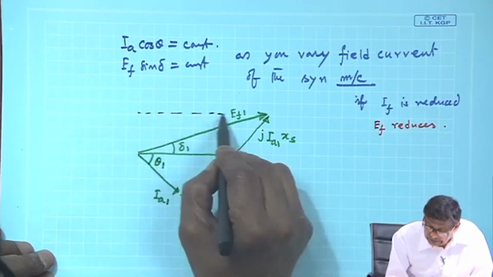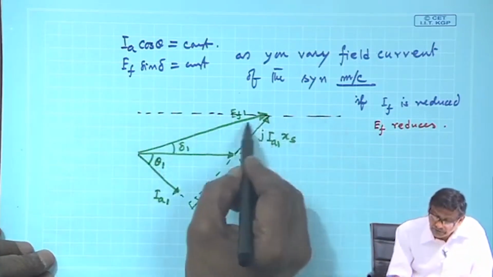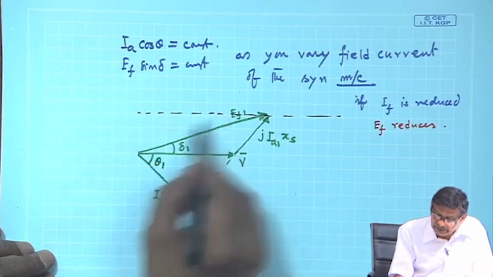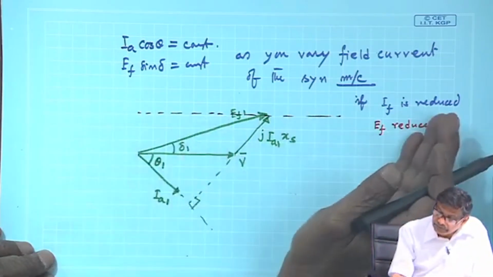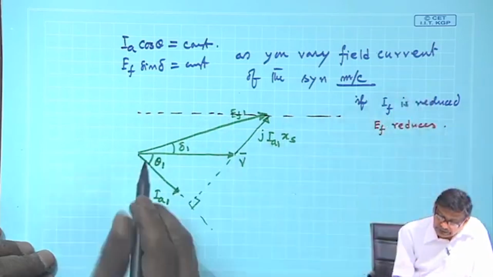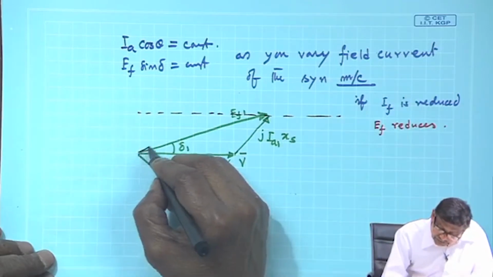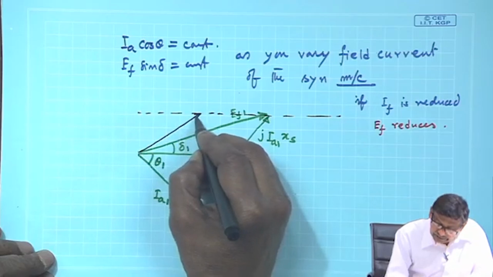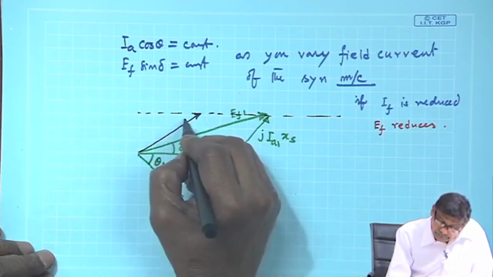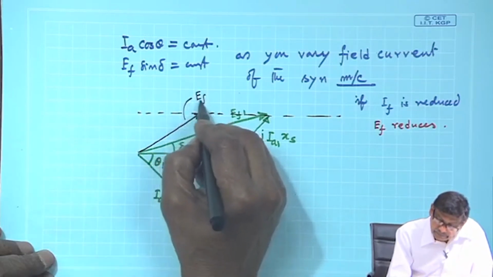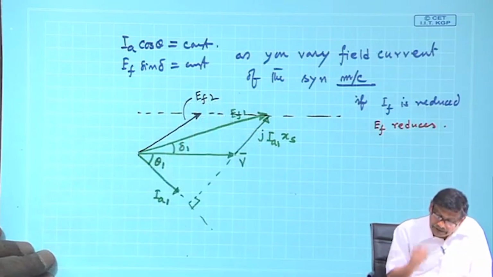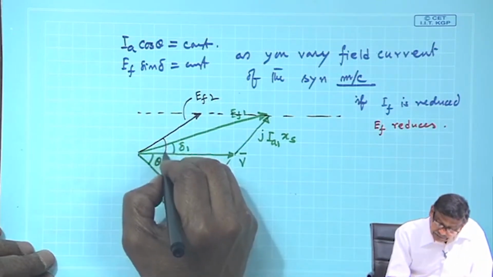So, draw a line like this. The tip of E f must lie on this line. So, if you have reduced I f, your E f2 will be here, suppose, and your new delta will be this.